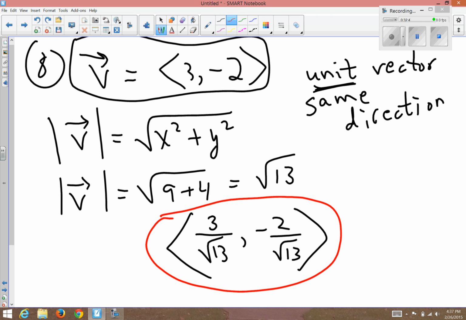Number 9. Find a unit vector that is normal to this vector. So this vector, -4, 5, left 4, up 5.